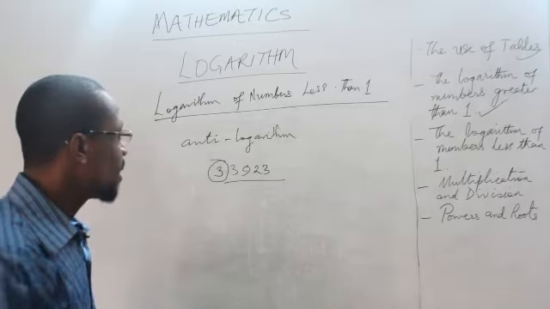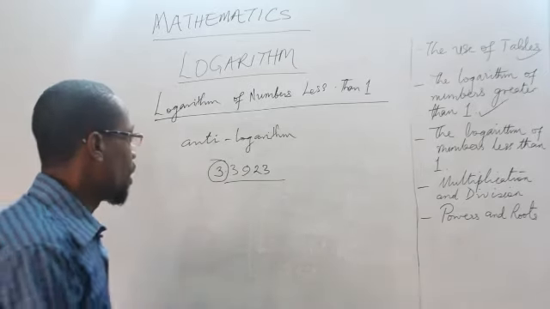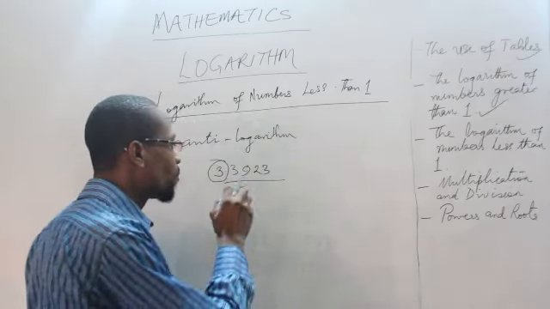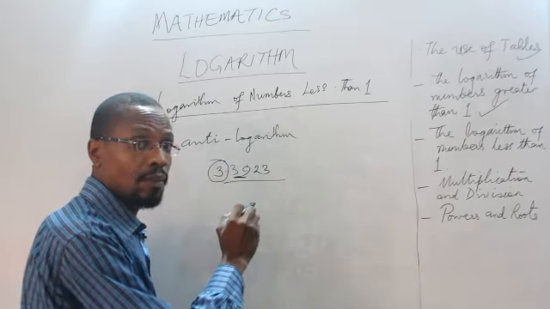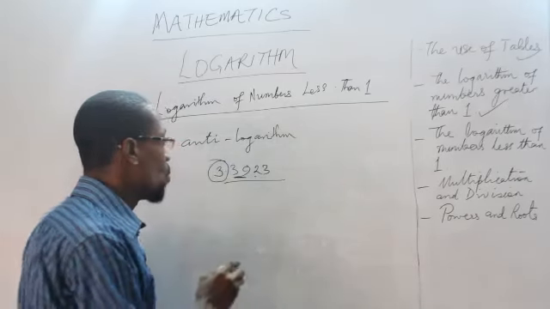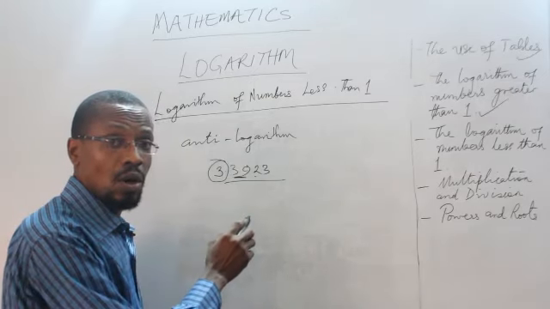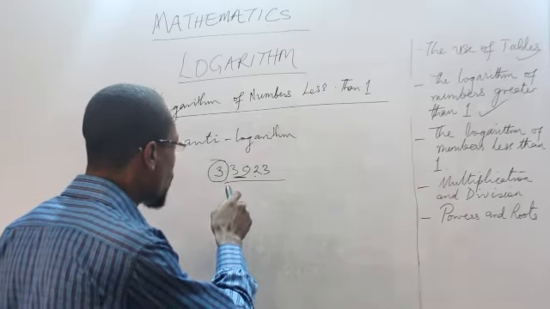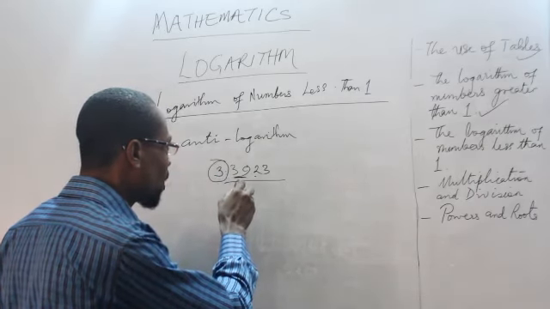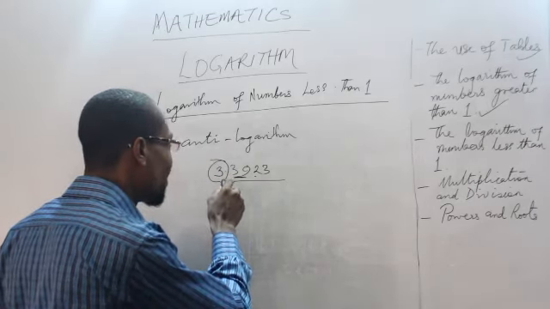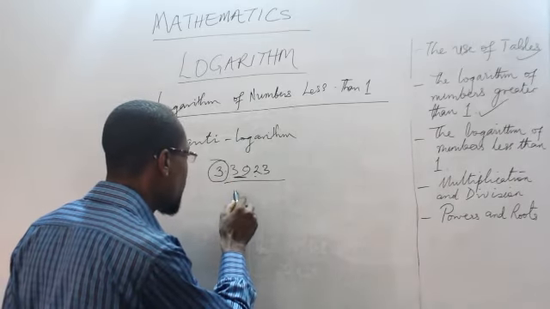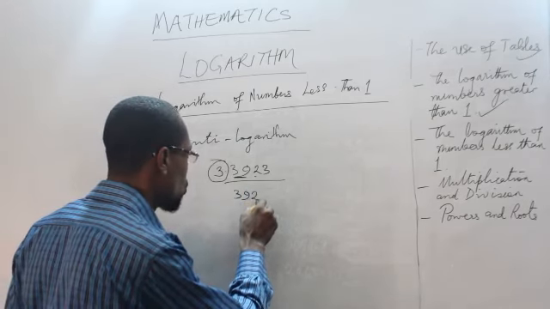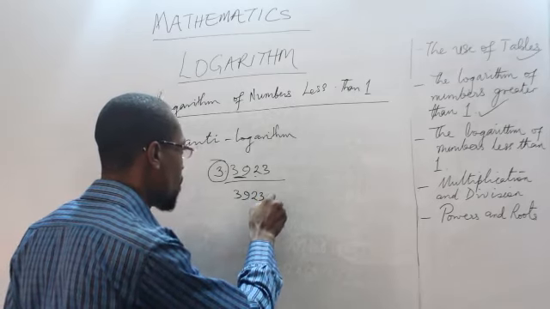In writing the antilog of this, which of course will be 39 under 2 difference 3, we will place our decimal place no longer this way, but it will now be 3 9 2 3 point.